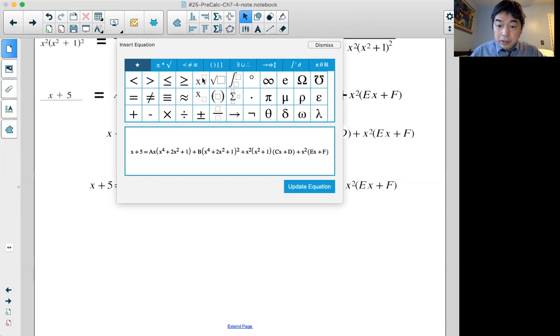This is the middle, so x squared times x squared is x to the fourth power, and 2x to the second power. So the parenthesis is 1. This is 1. You still need a plus sign.